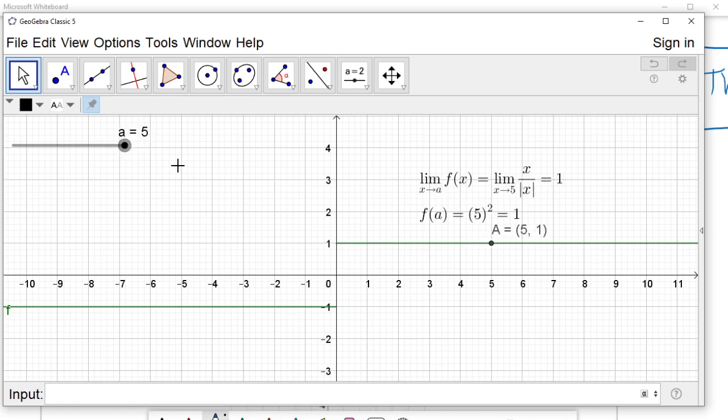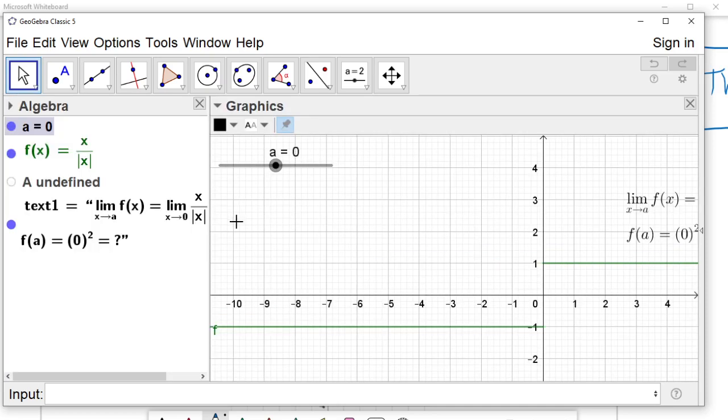The limit is the same as simply subbing in the point anywhere you want, except when you get to right at this particular spot here. At a equals 0, we don't have a limit, and we don't have a value either. It's undefined at this particular value because 0 is not in the domain.